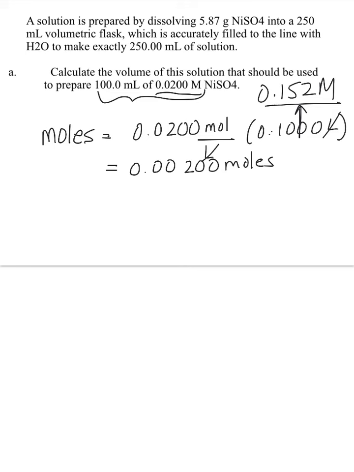So that's the number of moles of nickel sulfate that we need to put into our 100 milliliter volumetric flask in order to make the concentration what we want it to be in the end. Now, all of these moles have to come from the 0.152 molar solution.